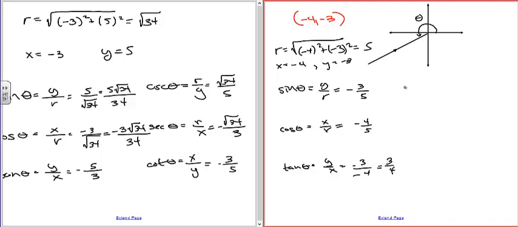And then the corresponding reciprocal functions, you just take the reciprocal. So that's -5/3. This one is the secant of theta, that's -5/4. And the cotangent of theta is 4/3.